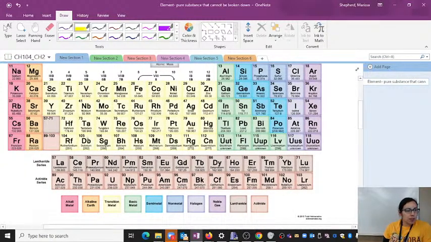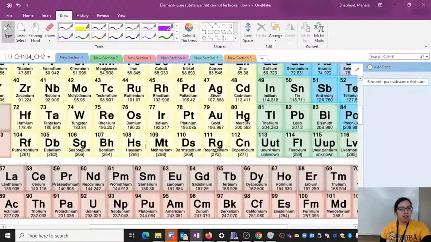I forget which ones are natural. I think up to 88 or so are natural. Oh, that can't be right. Uranium occurs naturally. Yeah. But some of these are synthetic and also short-lived, and you can tell that by the mass.